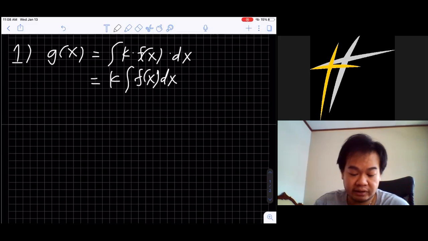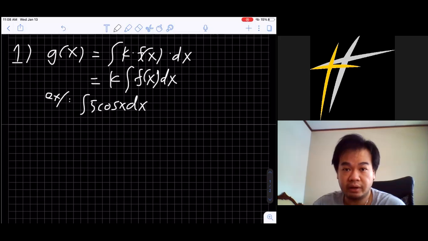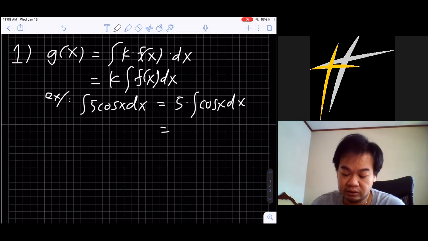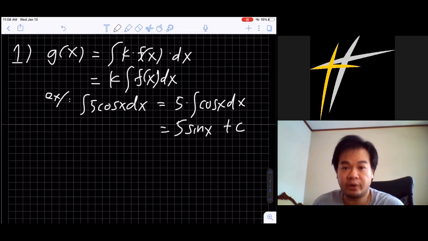The example given by your book is the integral of 5 cos x dx, which is equal to 5 times the integral of cos x dx. And what function, when you derive it, gives cosine? The function is sine x plus c, don't forget. So that's the first property, integral of a constant times a function.